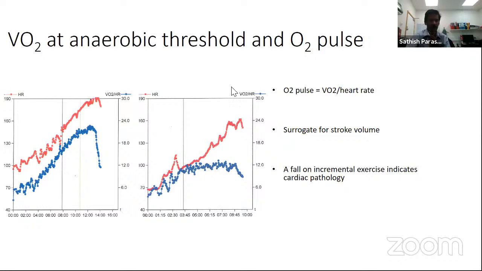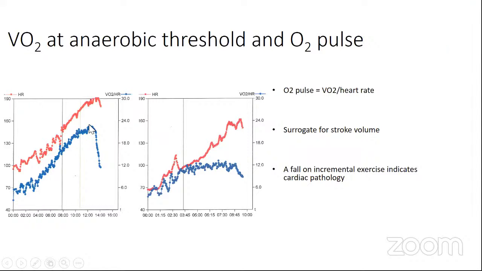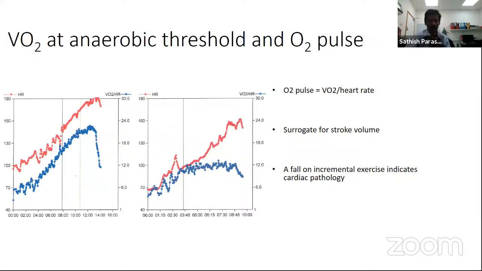So VO2 also increases, and that's why the ratio also goes up. As you know, the stroke volume can increase up to 6 times during peak exercise. So it just is a reflection of the stroke volume.